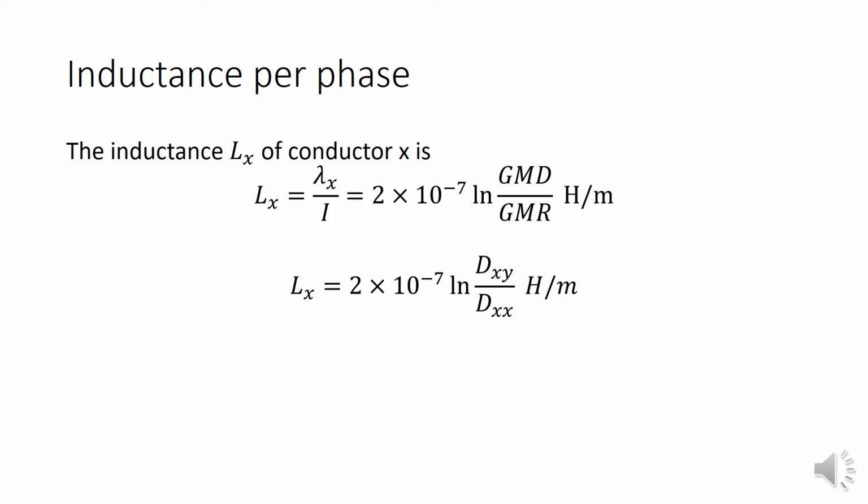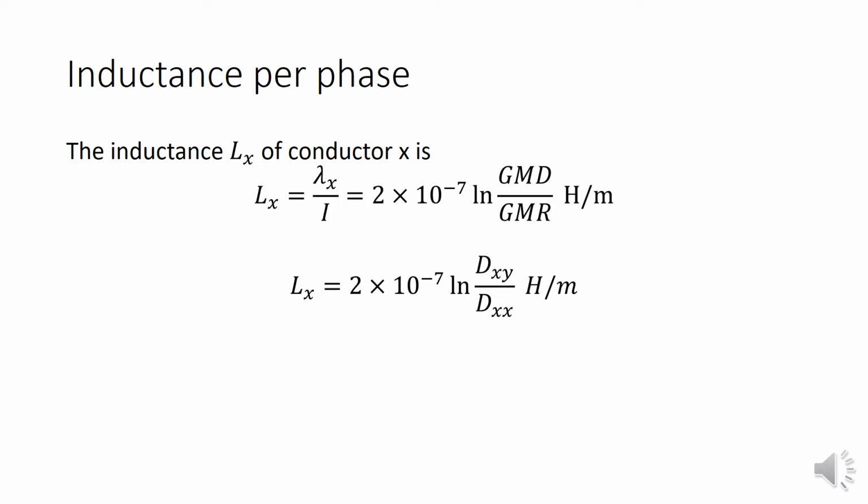When we have conductors, there are basically two things that you are going to refer to. GMD means geometric mean distance, in this case the geometric mean distance of conductor X.